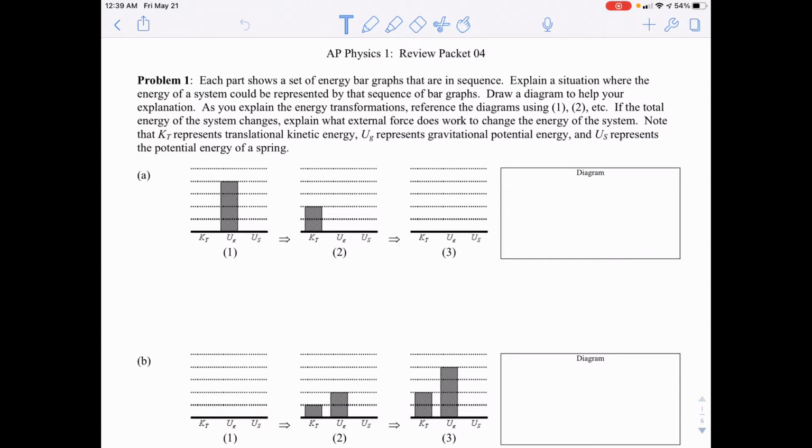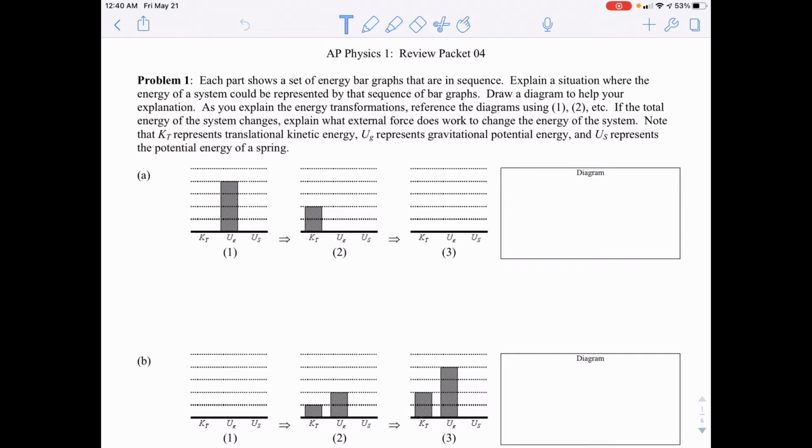As you explain the energy transformations, reference the diagrams using 1, 2, etc. If the total energy of the system changes, explain what external force does work to change the energy of the system. Note that K sub T represents translational kinetic energy, U sub G represents gravitational potential energy, and U sub S represents the potential energy of a spring.